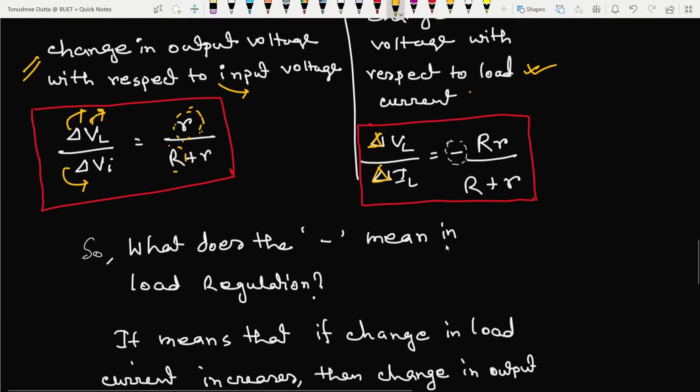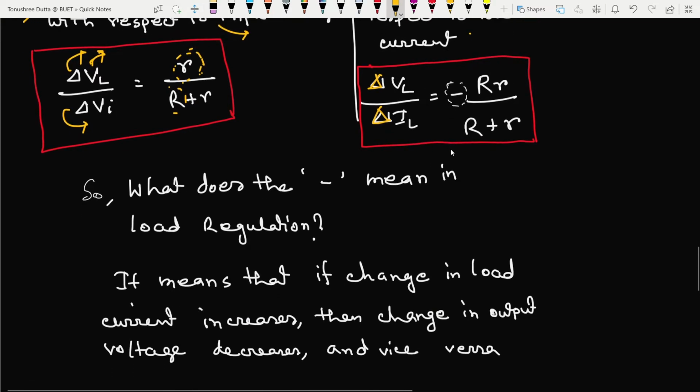It means that if our load current changes positively, if the load current is increased, then our output voltage is going to decrease. The negative sign means the relation between these two elements, the change in output voltage and the change in load current, is opposite. If one increases, the other decreases.